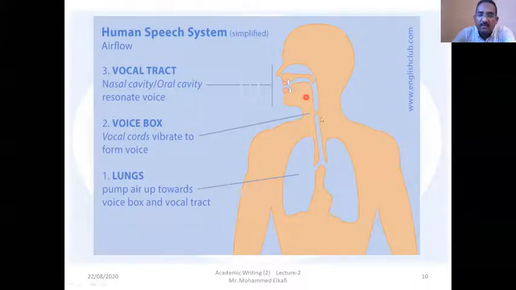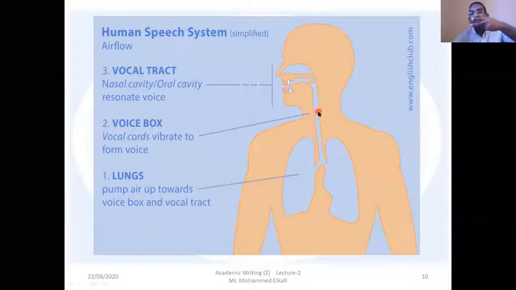Then the voice box, which includes the vocal cords, vibrates. Think of the two vocal folds as elastic muscle; they vibrate to form voice.